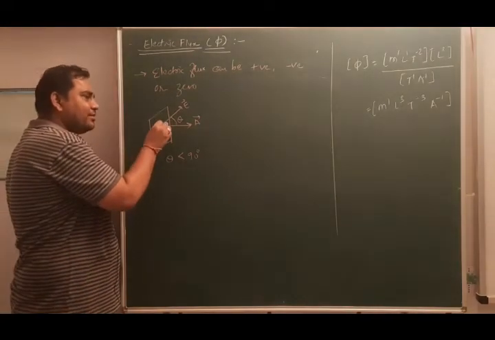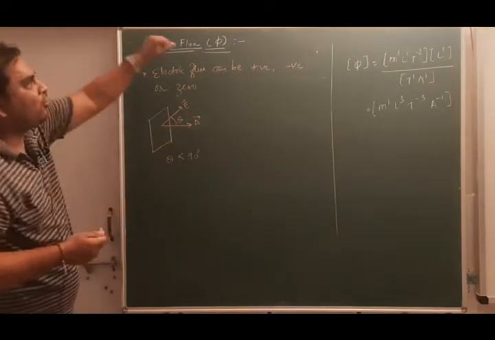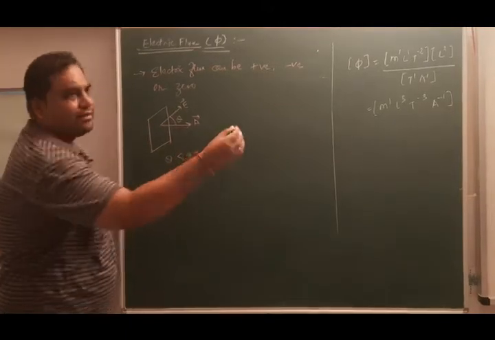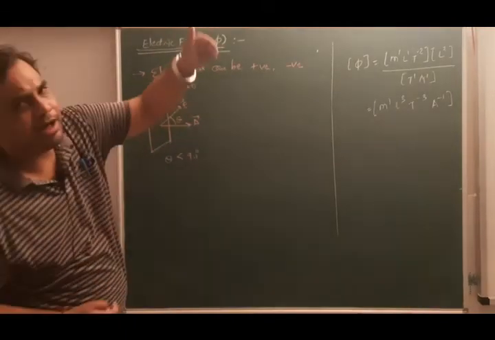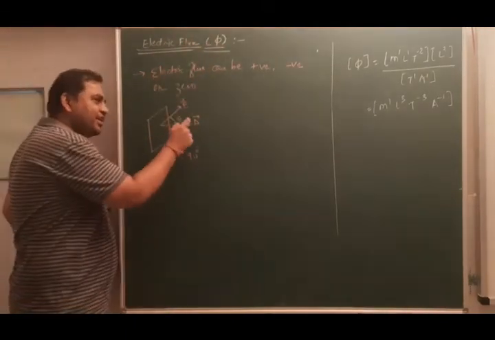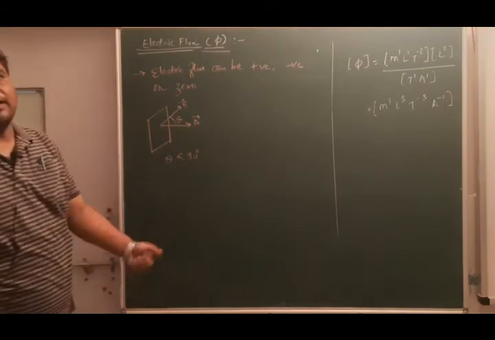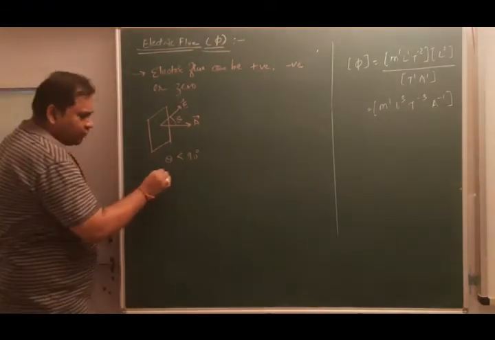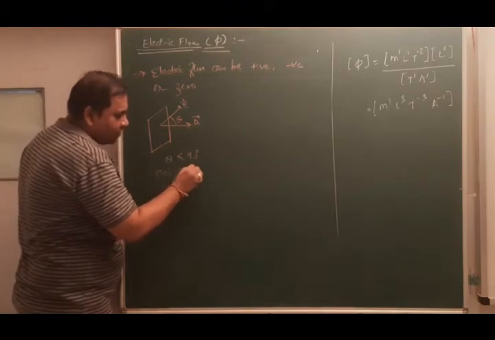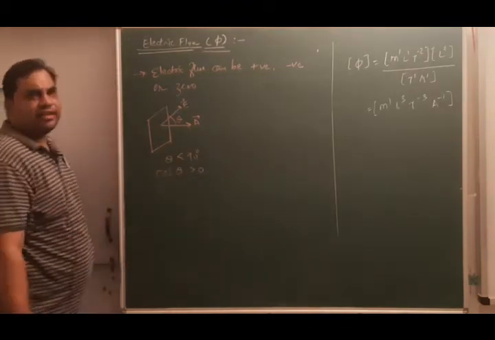जब भी इलेक्ट्रिक फील्ड लाइन किसी सरफेस में से बाहर आ रही है, तो ये हमारा जो सरफेस है, ये एरिया वेक्टर से बाहर तरफ है, तो इलेक्ट्रिक फील्ड उसमें से बाहर आ रही है, then the angle between E and A, theta, will be less than 90 degree. In this range theta, we all know in the first quadrant cos theta is greater than 0.